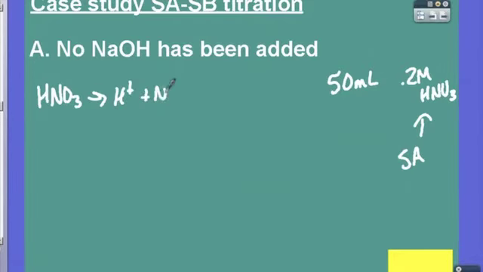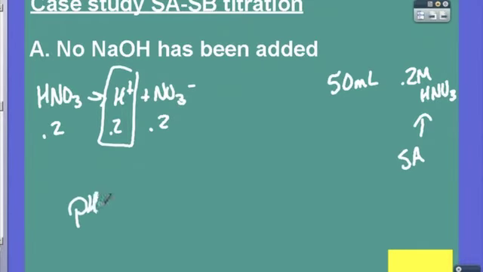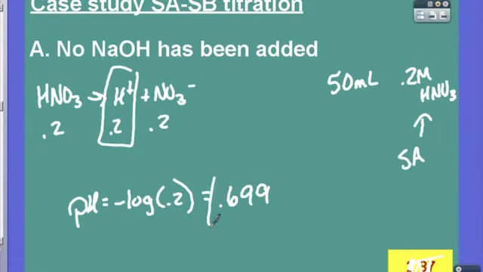And if I have 0.2 nitric acid, I also have 0.2 hydrogen and 0.2 nitrate. The only thing that matters is our hydrogen, so we can find our pH by taking the negative log of 0.2, which gives us 0.699. So that's our starting pH.